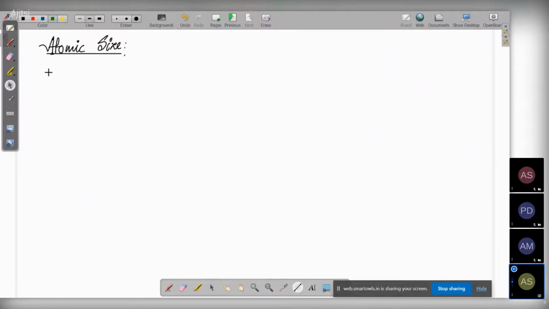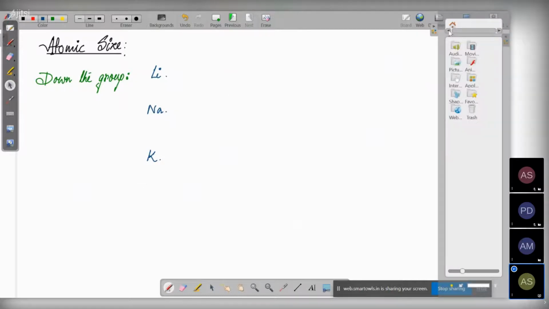On going down the group, what will happen? You see, if we just use our class 10 concept only, group 1 means lithium, sodium, potassium, like this.